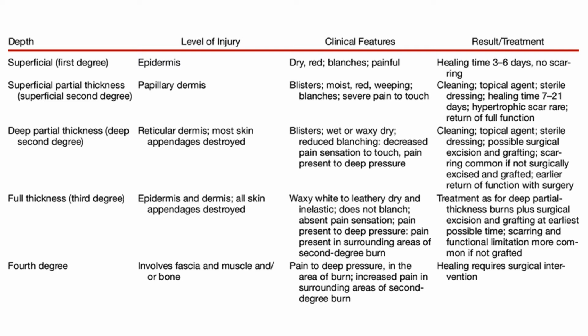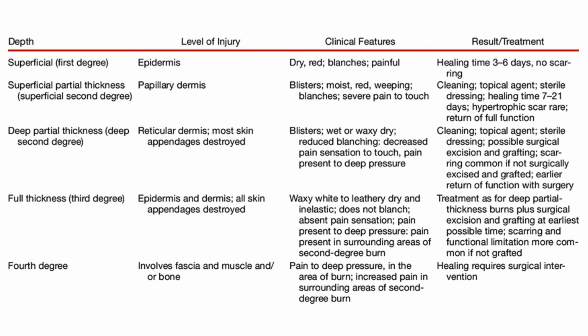And then the third one, we go down to deep partial thickness, also known as deep second degree. So the level of injury is to the reticular dermis, and most of the skin and appendages are destroyed. With the features of this, again, it's blistering severely, and we're getting more of that waxy look to the tissue.